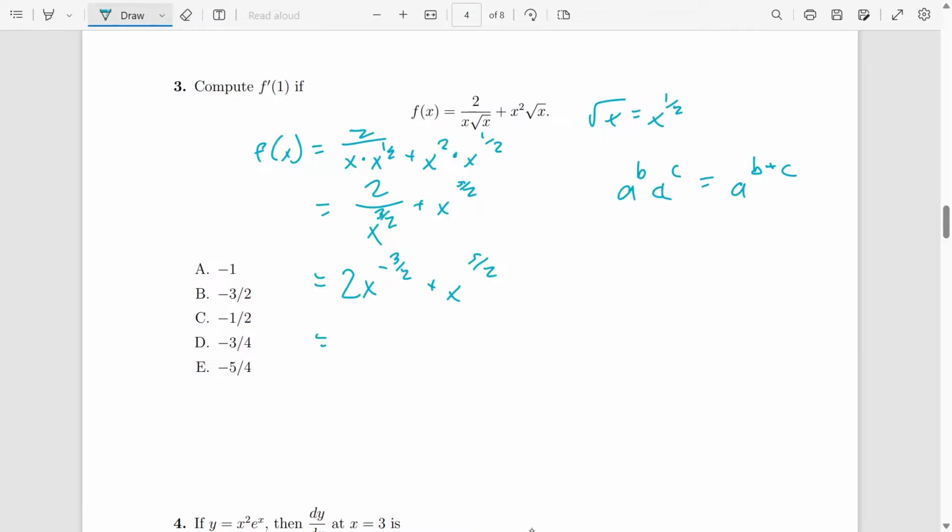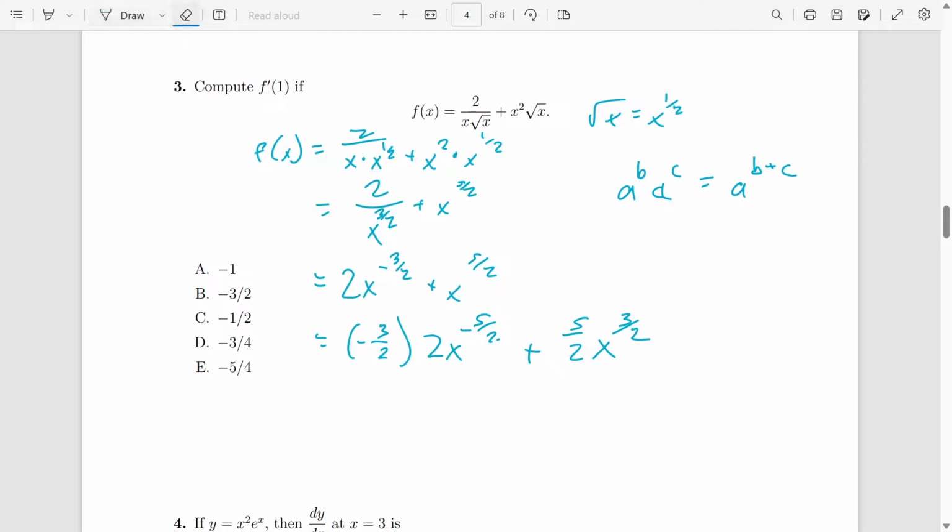So this now equals negative 3/2 times 2x to the negative 5/2, negative 3/2 minus 1 is negative 5/2, plus 5/2 times x to the power of 3/2. So we have that now.